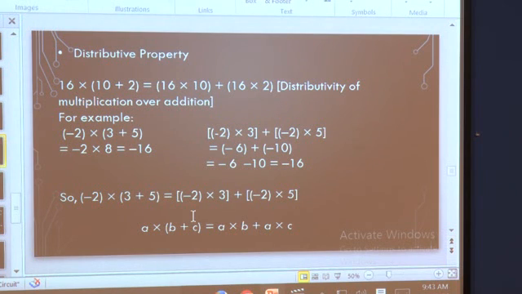So you have to solve this. What will be the answer? Yes, it is minus 6 plus here will be minus 10. So your answer will be minus 16. Here also your answer will be minus 16. By both methods we get the same product because it is a multiplication and addition property together.